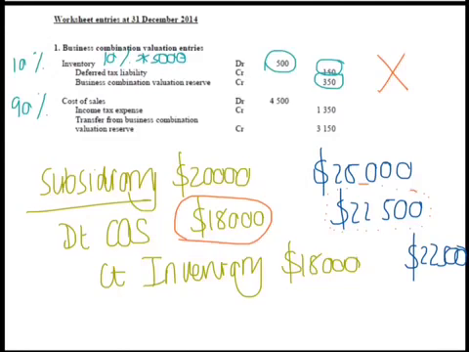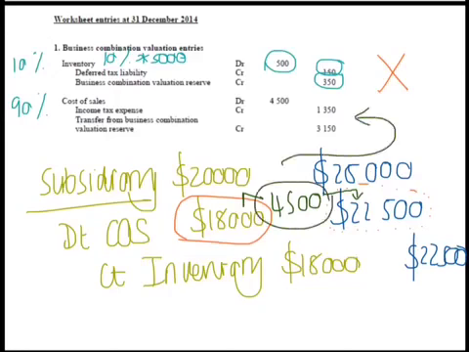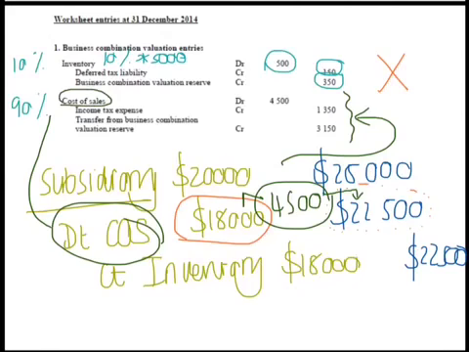So we need an adjustment of $4,500 to get us from the subsidiaries accounting records to what it should be from a group perspective. And that is exactly the adjustment that we then see in our BCVR for the current year. So with regards to the 90% of inventories sold, the cost of sales of the group is understated by $4,500.